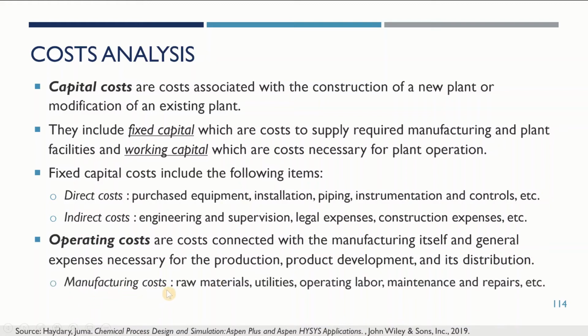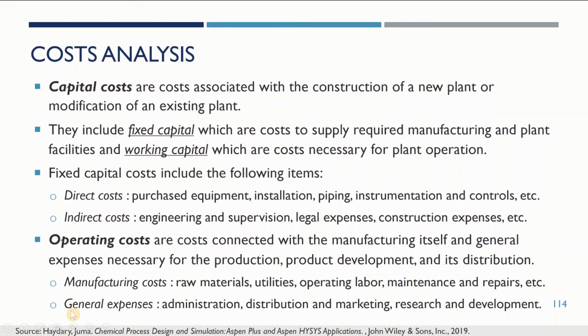The manufacturing costs are the costs involved in raw materials, utilities, operating labor, maintenance and repairs, etc. And the general expenses, which usually involve the administration, distribution and marketing, as well as the research and development costs.